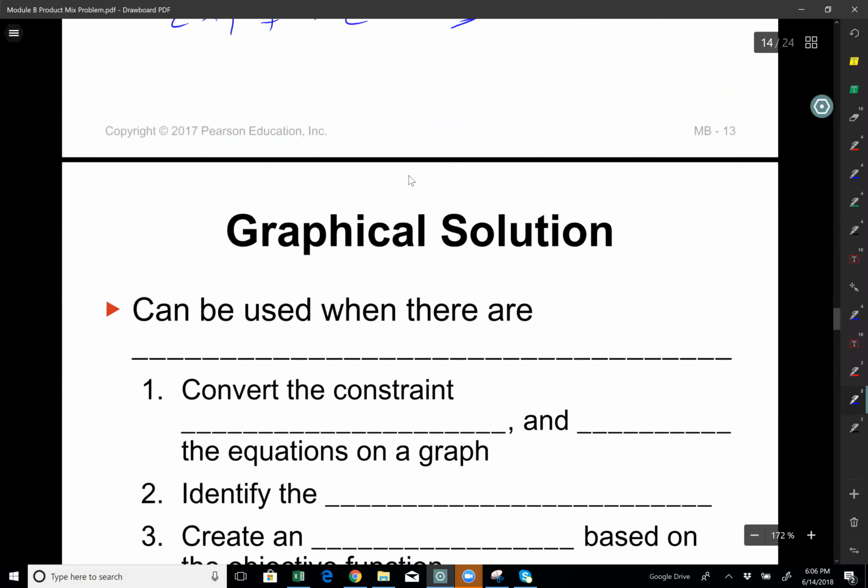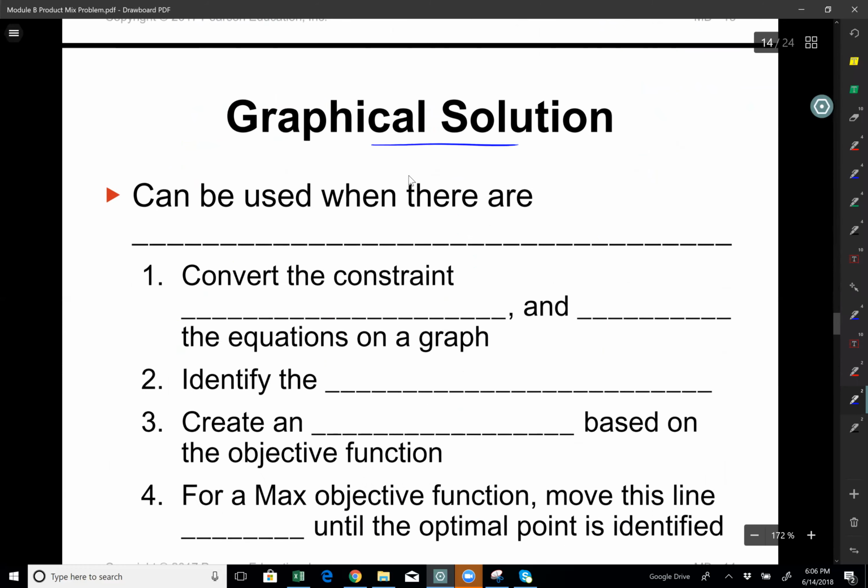So I would like to talk about graphical solutions. Although they're very nice, and I'm teaching this to give you intuition, they're really limited because you can only use them when you have two decision variables. If you have more, you basically cannot draw on a piece of paper. What we do is first we convert constraint inequalities into equations.